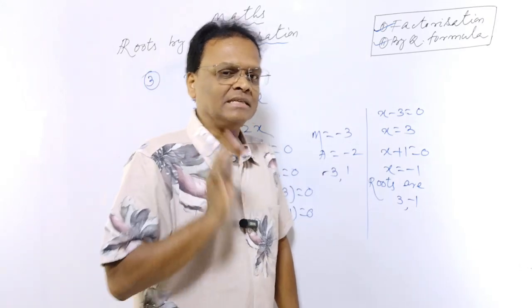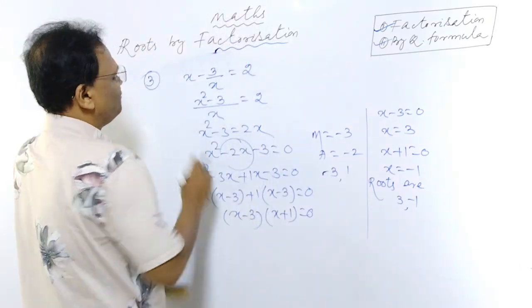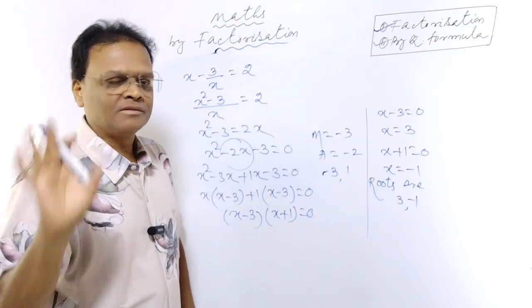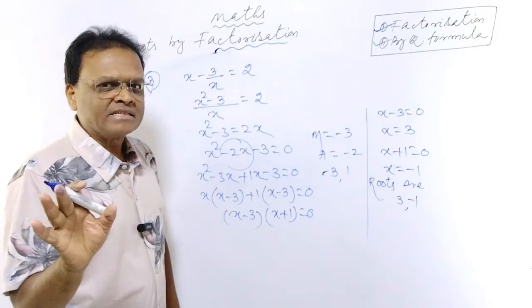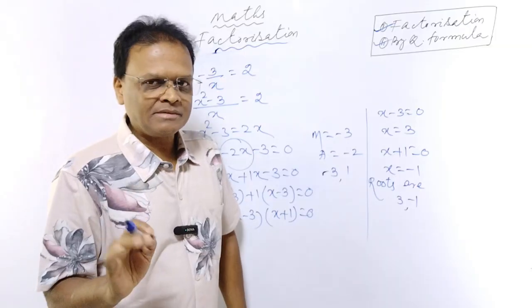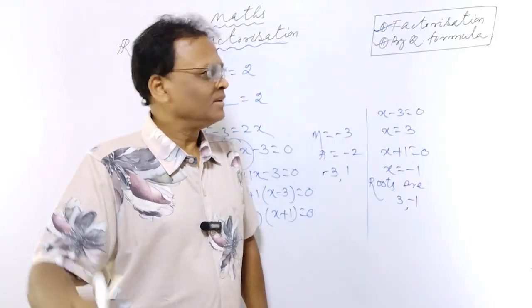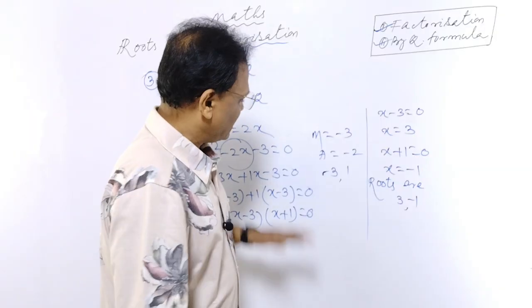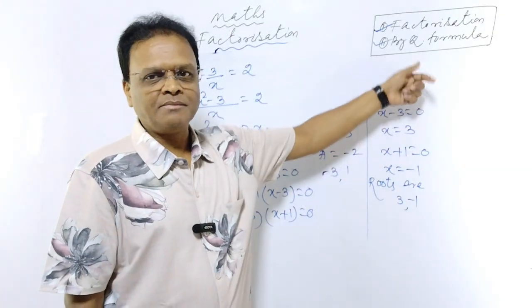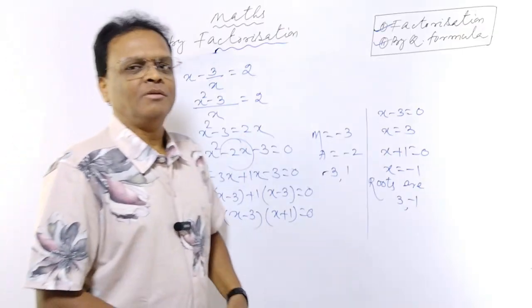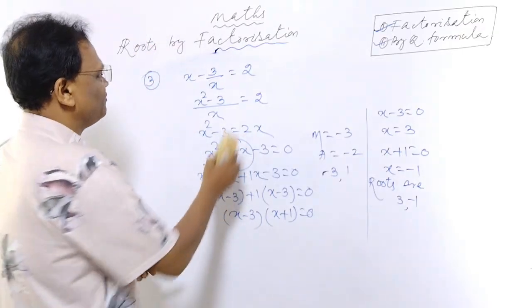Suppose the heading is given, only find the roots of the following quadratic equation. It is not mentioned by factorization. In that case, I can use either this method or this method. Right? Now what is that formula? What does that formula say? Quadratic formula.